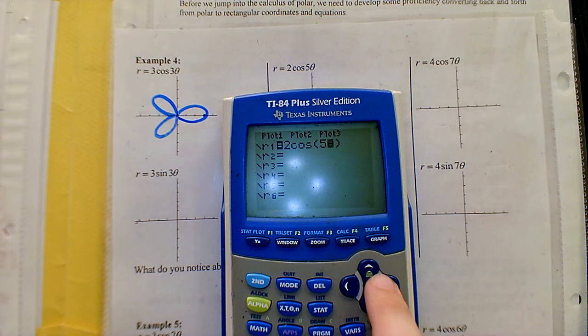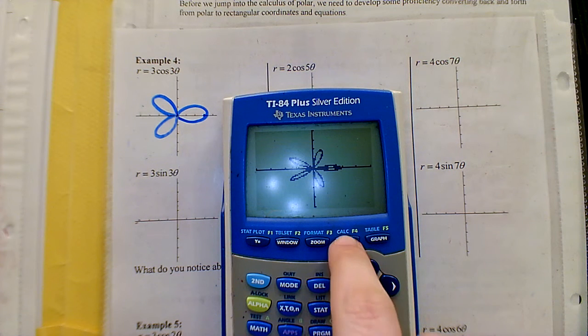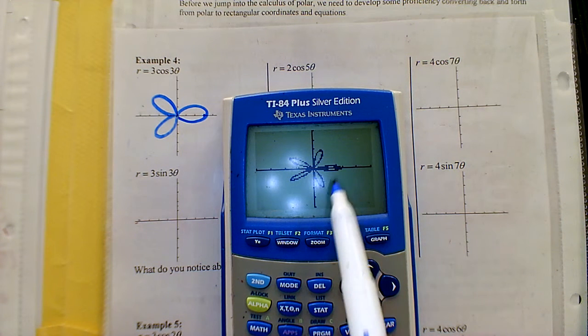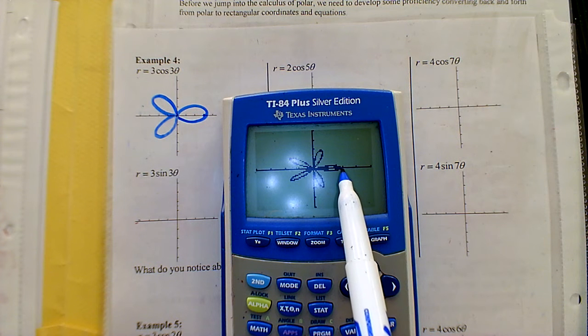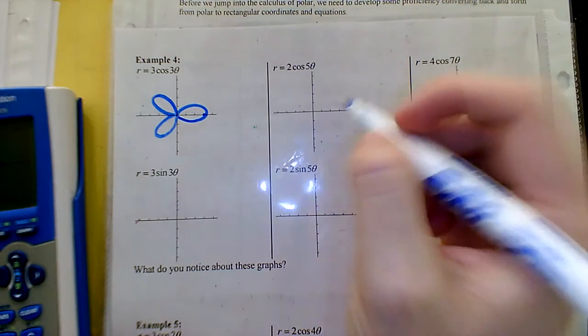2 cosine of 5 theta. Let's see, this one looks like it only goes out to 2 on the x-axis, and then we have 4 other petals.